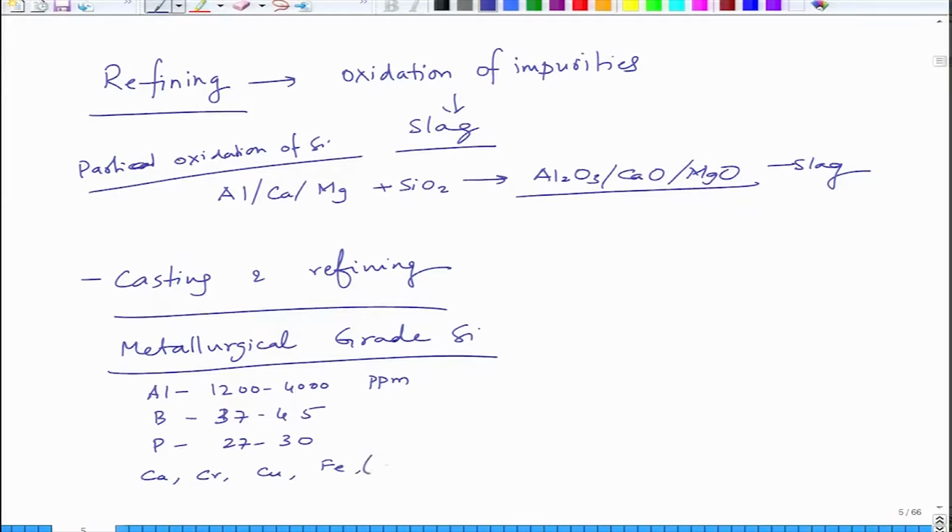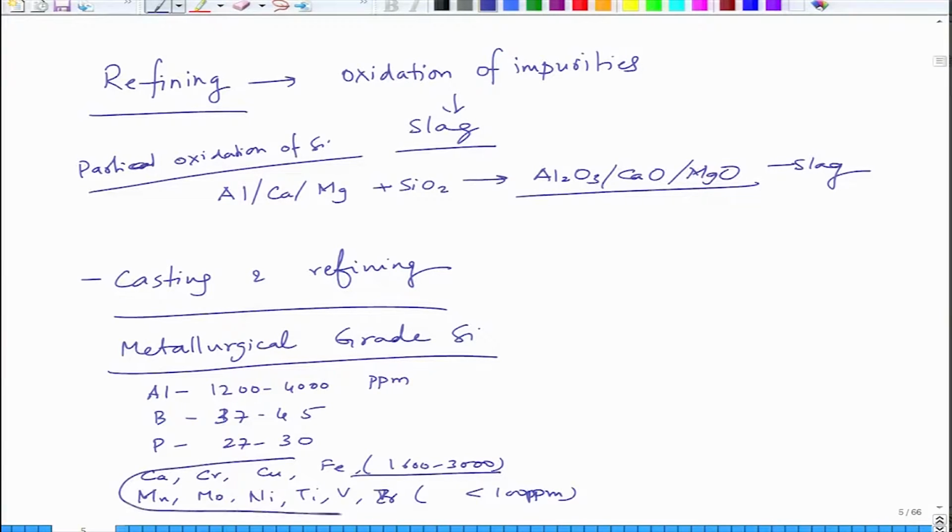Iron is relatively large, 1600 to 3000 ppm, and then we have manganese, moly, nickel, titanium, vanadium, zirconium, and all these are less than about 100 ppm, all of them except iron.